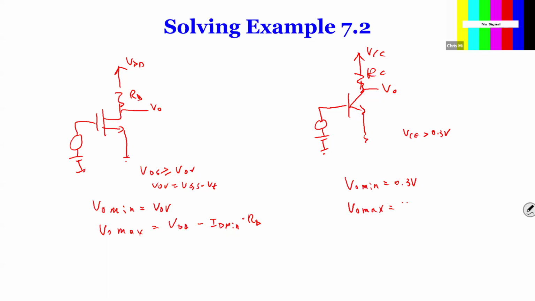In theory, you can get to VCC, but in practice you have to find your actual minimum current. But that minimum current, again, absolute value is VCC. The MOSFET absolute voltage is VDD. So whatever power supply is given.